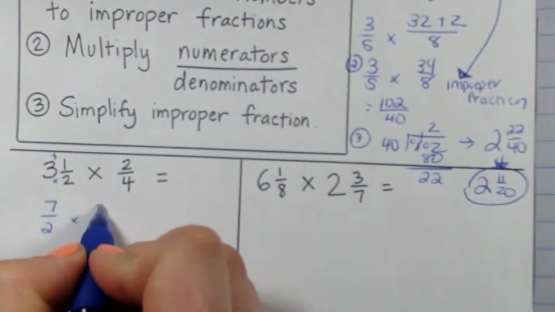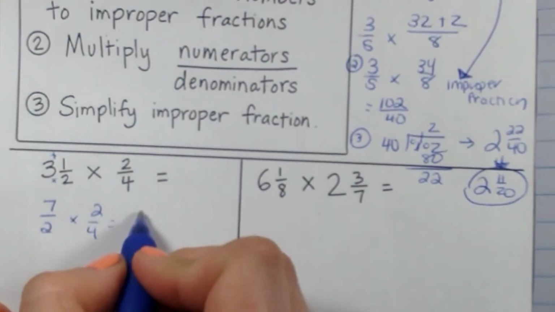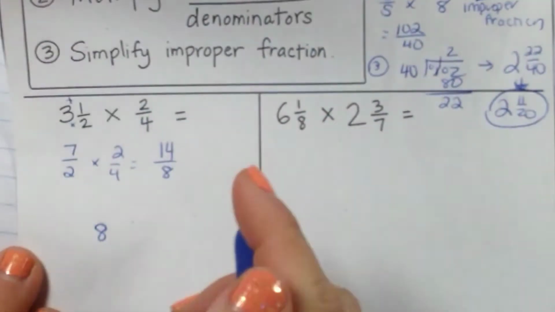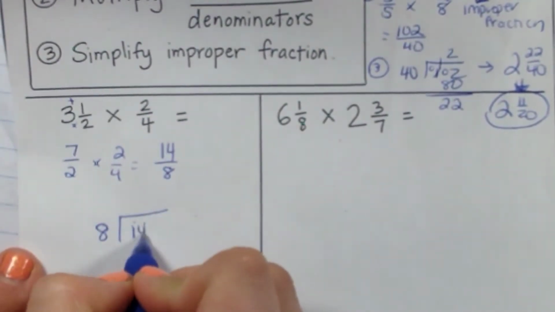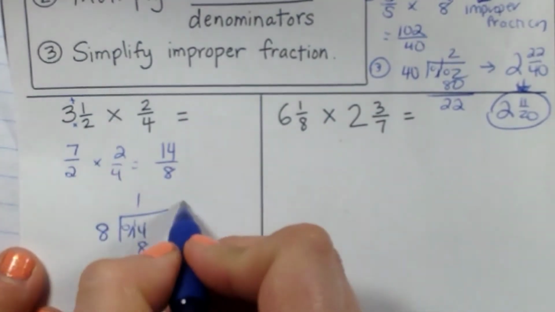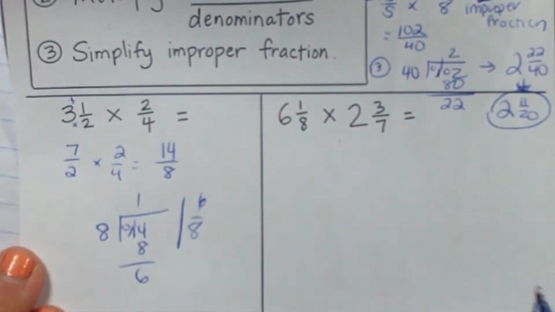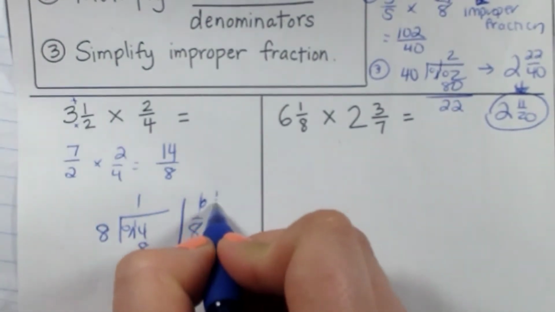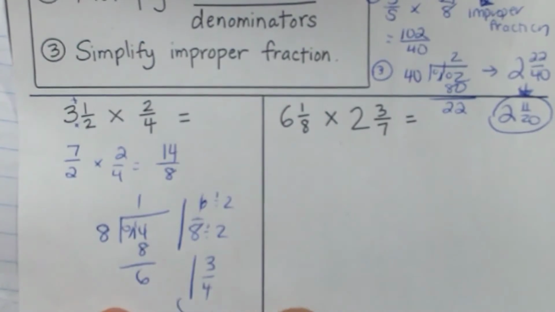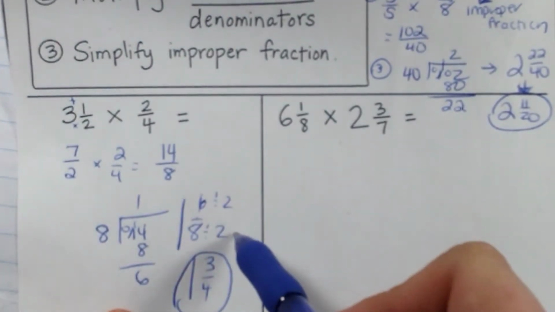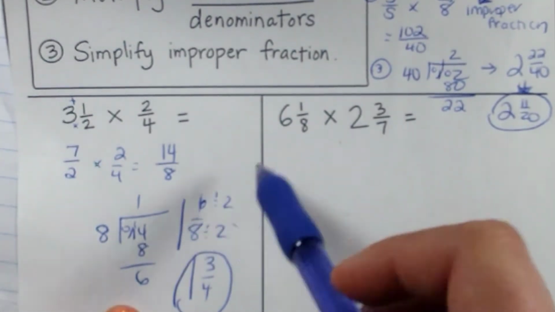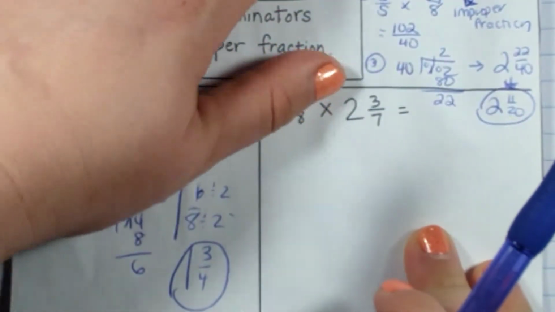So 7/2 times 2/4 would be 14 over 8. 8 goes into 14 one time with 6 left over. This will be 1 and 6/8. Now I want to simplify this. I can divide it by 2. It's going to be 1 and 3/4. Now if you don't remember how to simplify, make sure that you are checking our simplify video as a review.